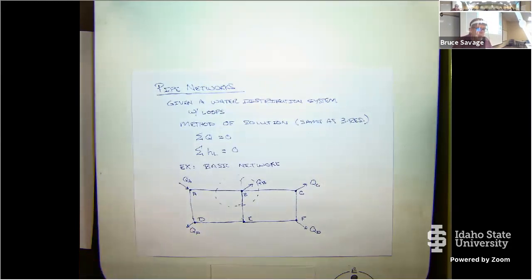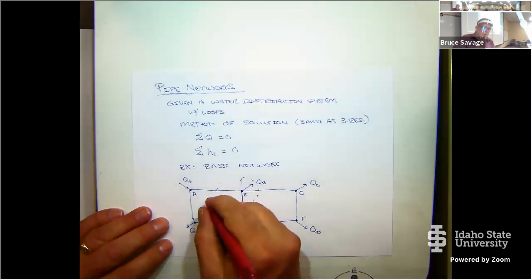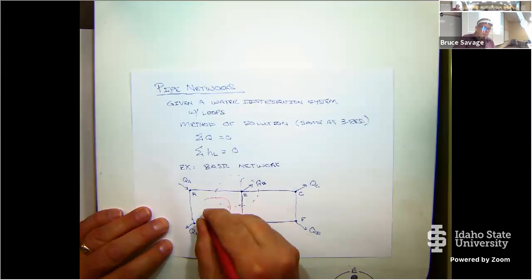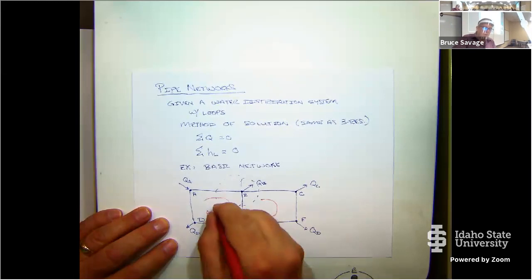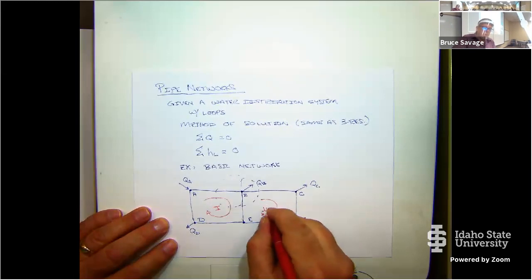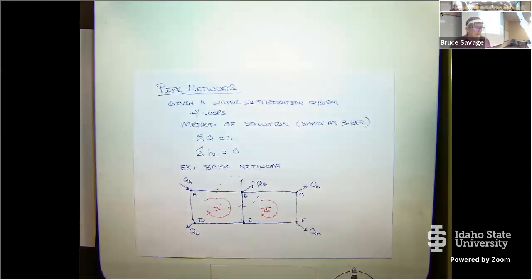Okay. And we're going to define then a loop is where the flow goes around. So in this particular scenario, I have one loop, I have two loops. Now think about when we did branch pipe networks.